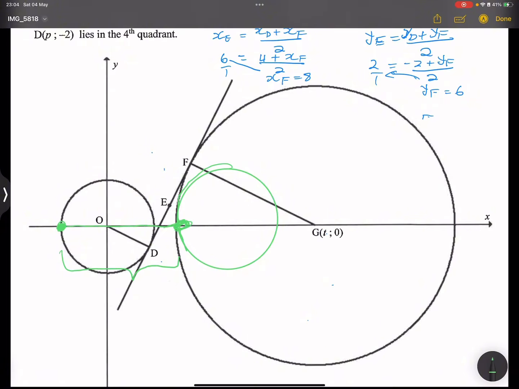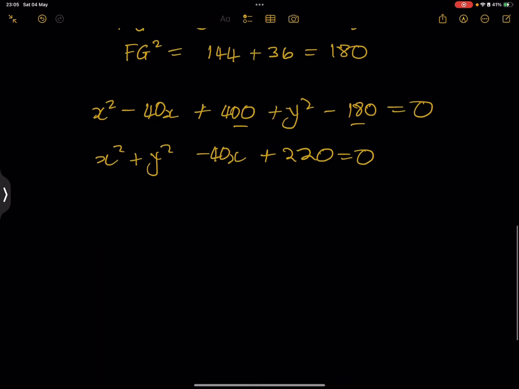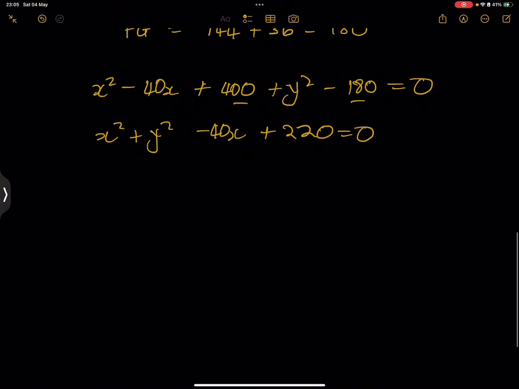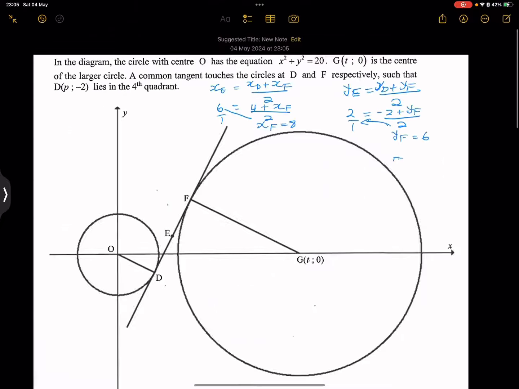So I'm going to look for the x values, or rather the coordinates of the x-intercepts for both graphs. That's quite easy for the smaller graph. So that's x squared plus y squared is equal to 20, right?